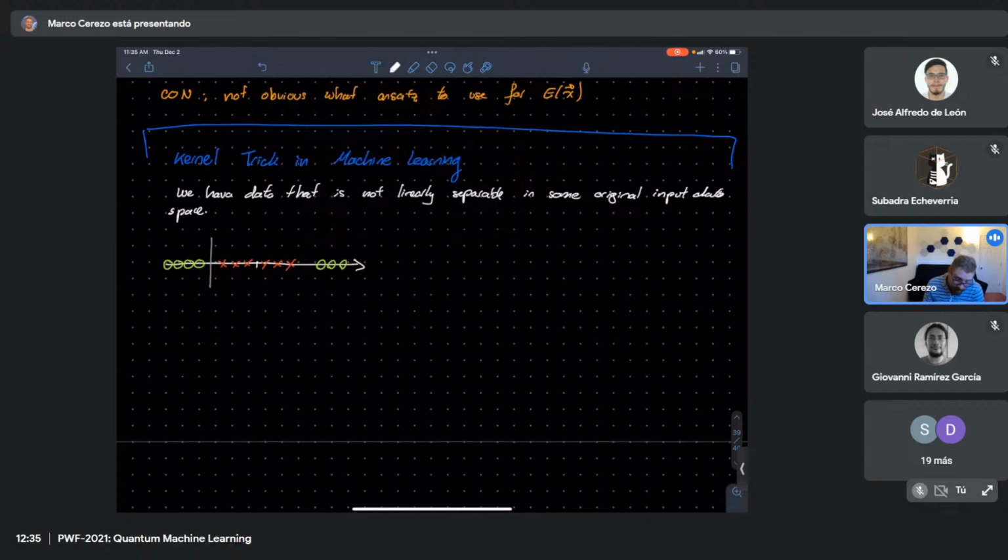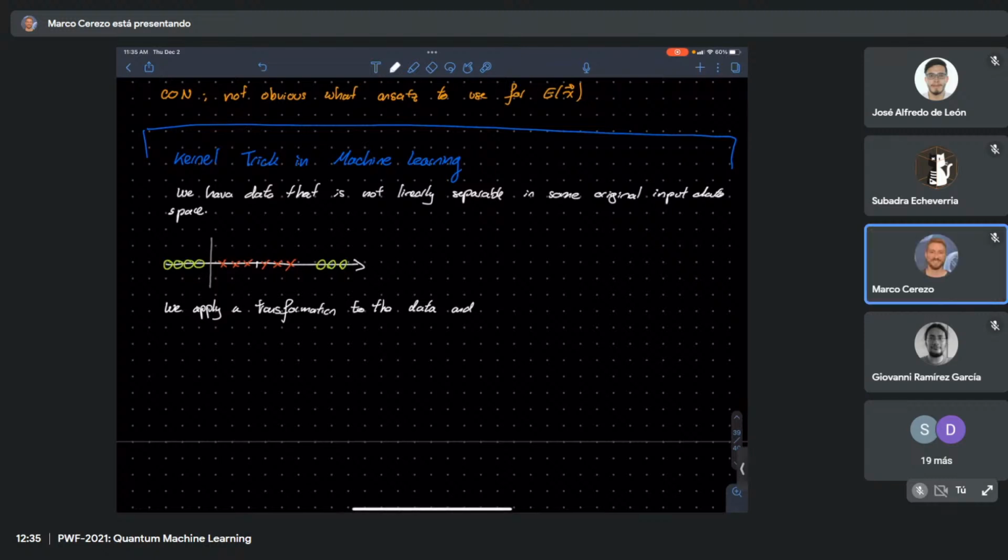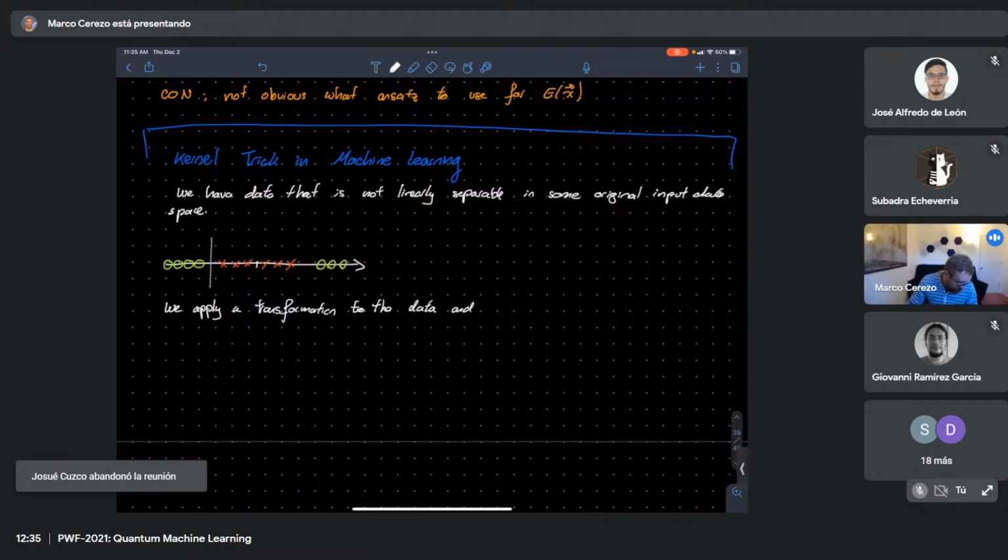So the idea of the kernel trick is that we apply a transformation to the data, right? And map it. Sorry, just give me 1 second. Excuse me. Okay, sorry, I am back.